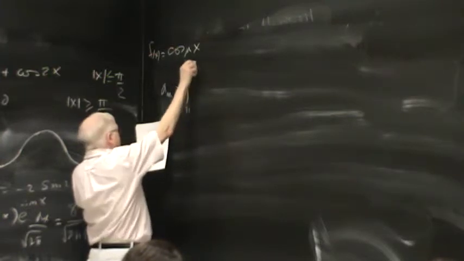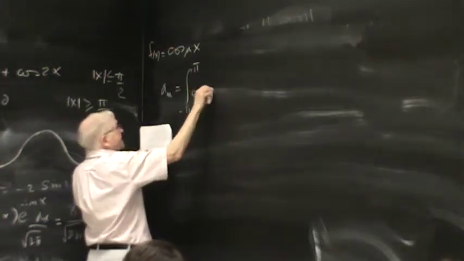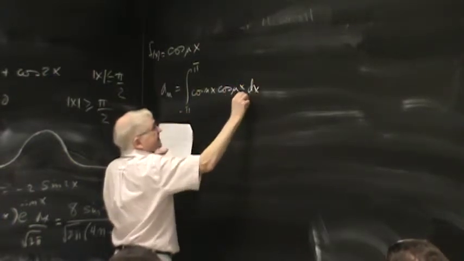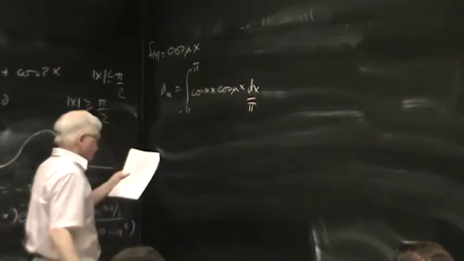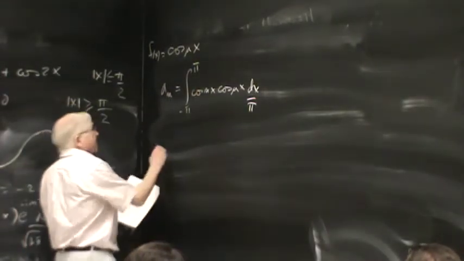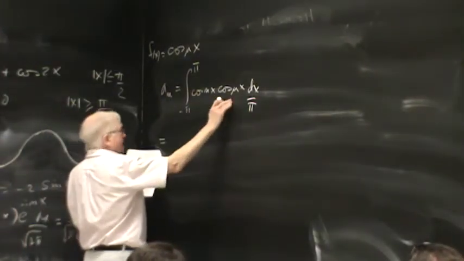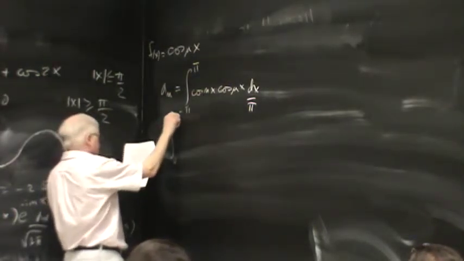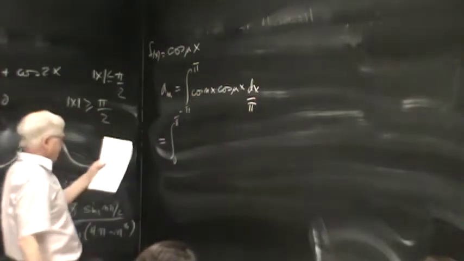Minus pi to pi, cos nx, cos mu x, dx over pi. Well, you use the formula for the product of two cosines, and you get 0 to pi. Well, I shifted the interval before. How did I get away with that?